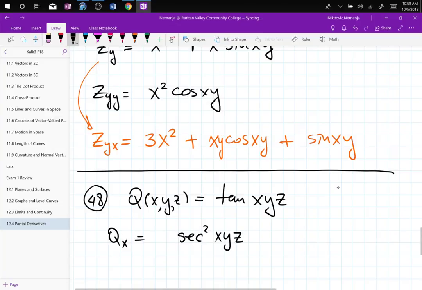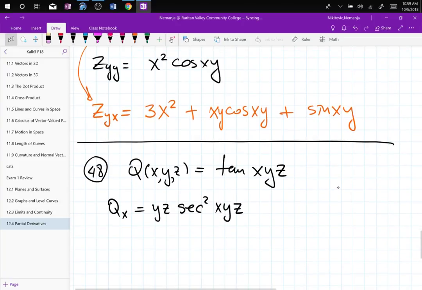Now, which 2 variables are constants? Y and z. That goes in front because of the calc 1 chain rule. So the derivative of tangent is secant squared, and you just write secant squared xyz, and then go in front and put the constants out in front because that's the chain rule, calc 1.